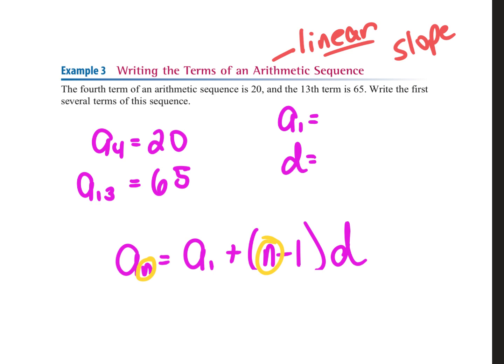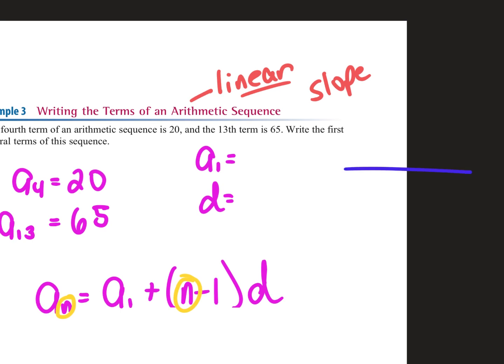Look at all the words that are written in red. This slope is kind of like the same. Can you find the slope? Think about this. First term is something. Second term is something. This is your x and this is your y, isn't it?